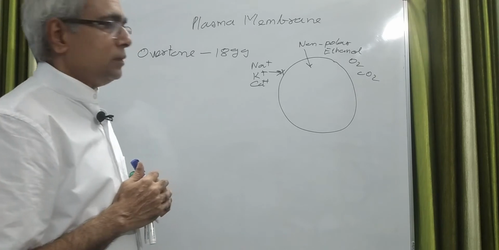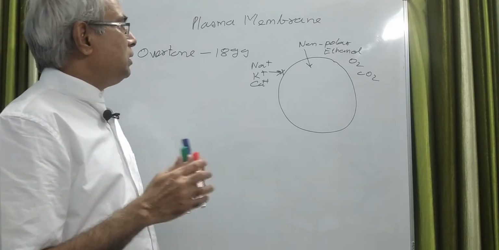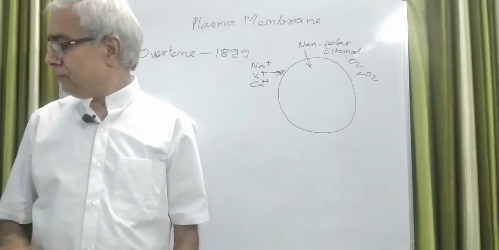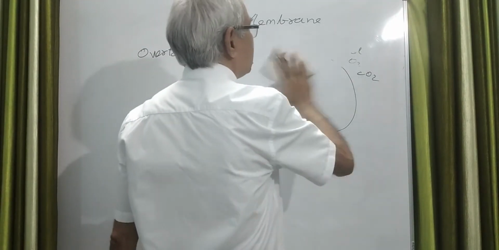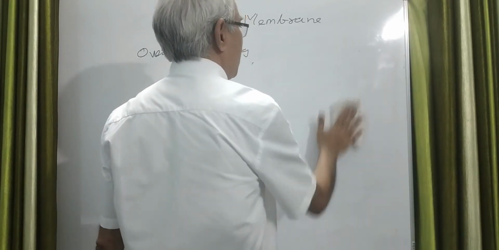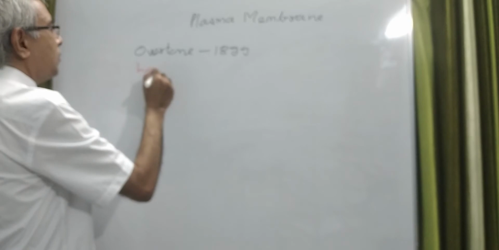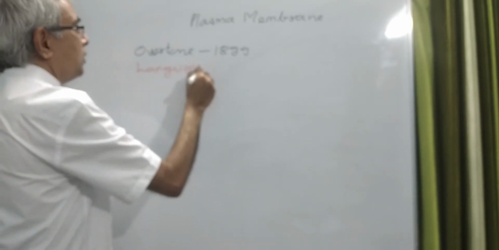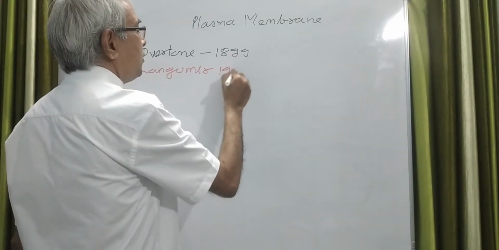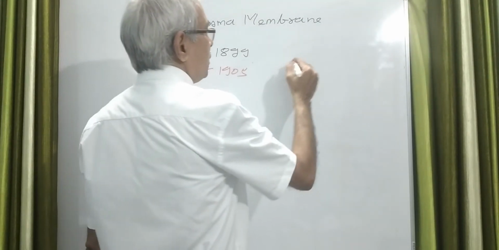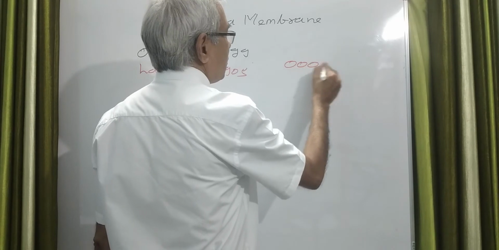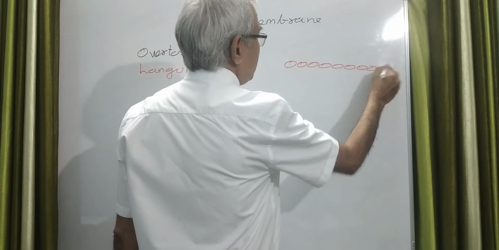Till 1890 we had only the information that this is made of lipid molecules, but in 1905 Langmuir said that the membrane which is present around the cell is made of a monolayer of phospholipid molecules.